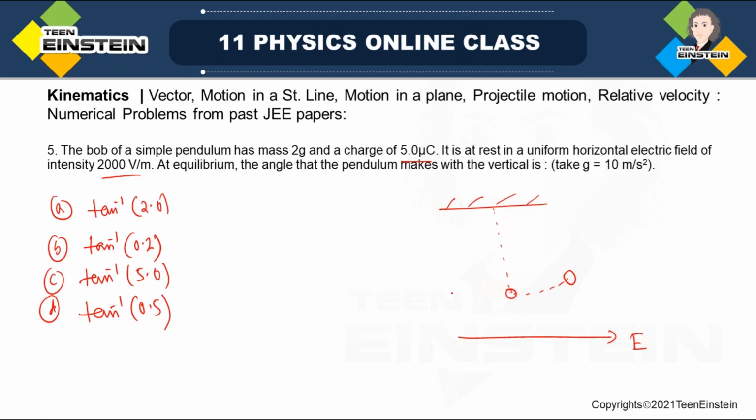And at this stage, suppose the bob of the pendulum is at rest. At this stage it is at equilibrium.